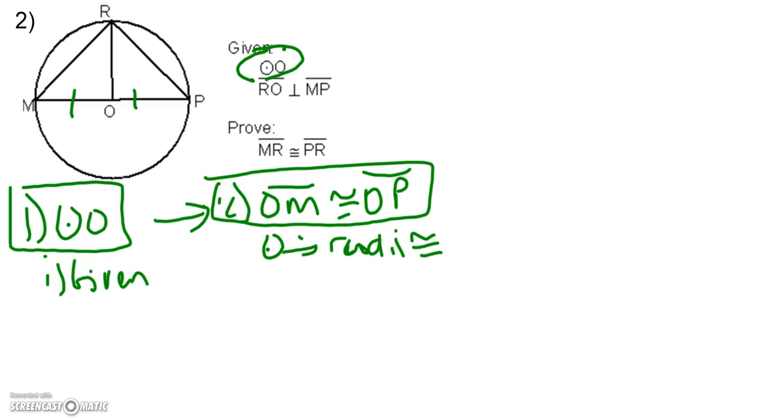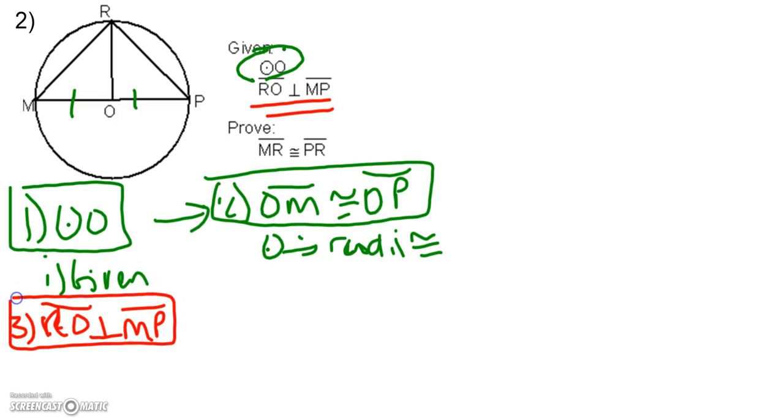Next piece of information gives us perpendicular. Now we need to get the congruent statement, but perpendicular in our diagram we have right. So I'm going to put in a 1 and a 2.